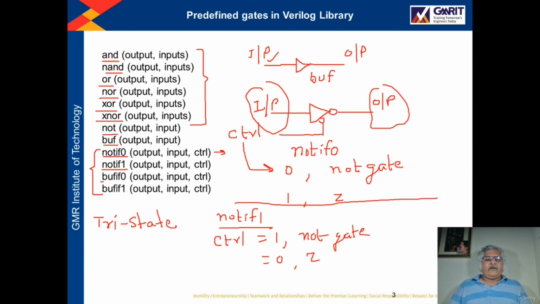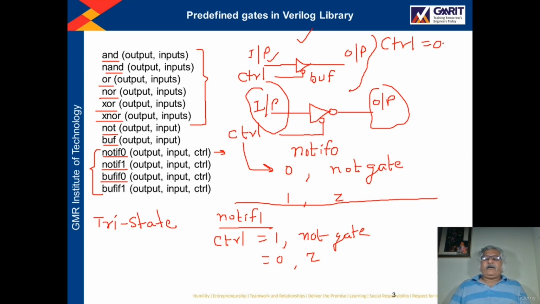And there is another tri-state gate, that is bufif0. Here we have seen the buffer, and bufif0 means here the control input, if control is equal to 0, right? We are talking about bufif0.